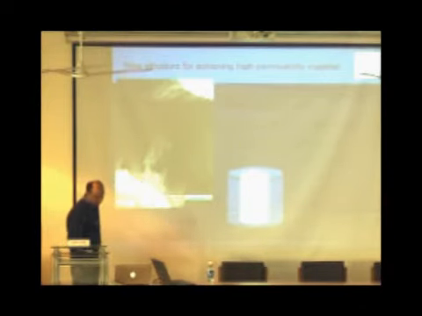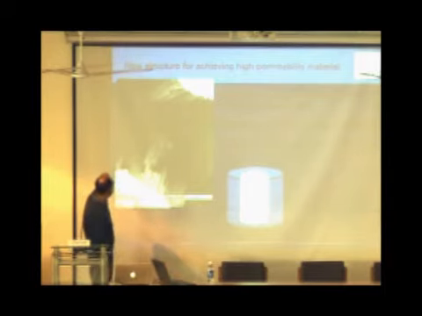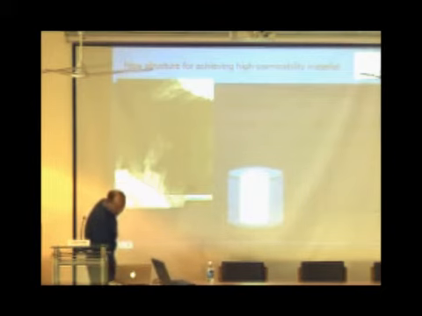So, this one is actually a picture of similar nanowires, except it has not come out very well, but what you see is actually, these are actually not nanowires, these are hollow nanotubes.